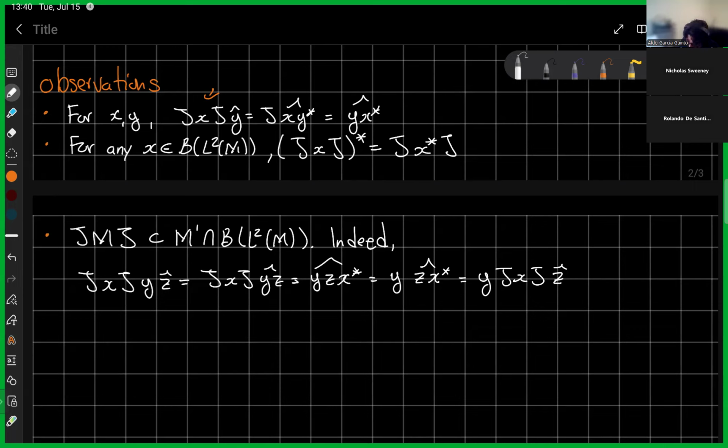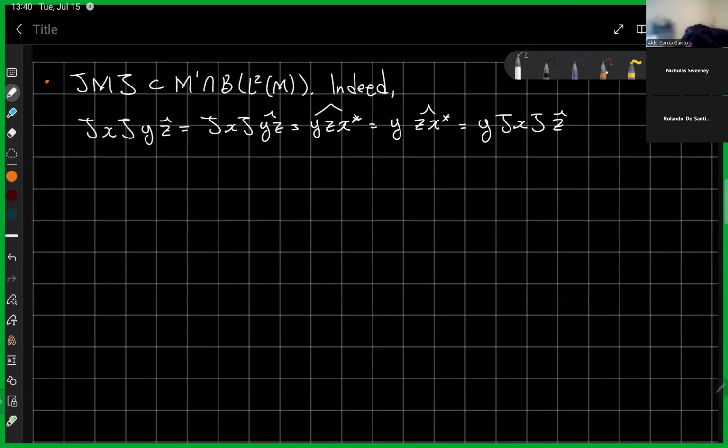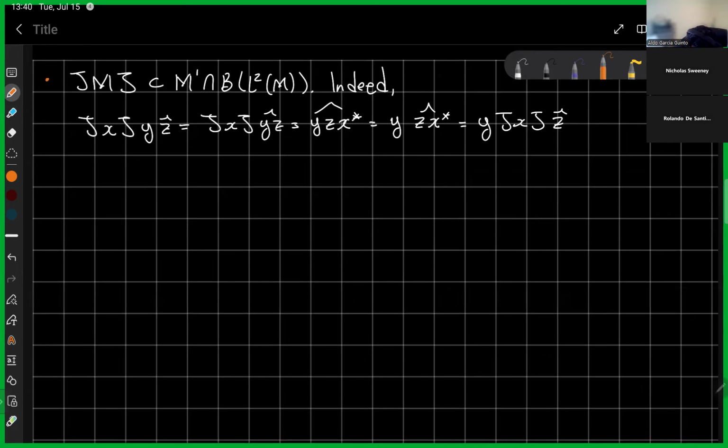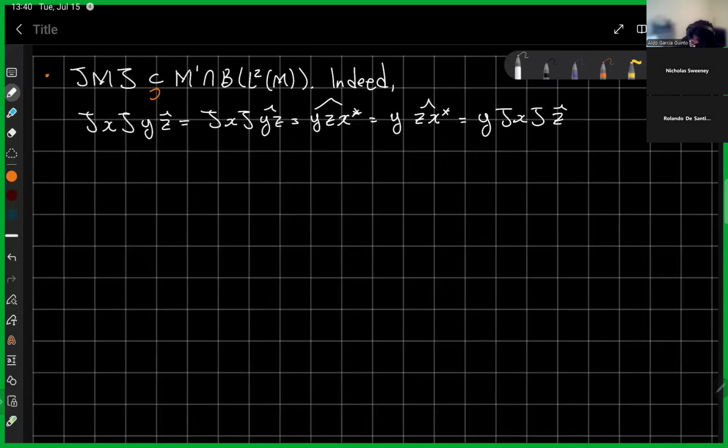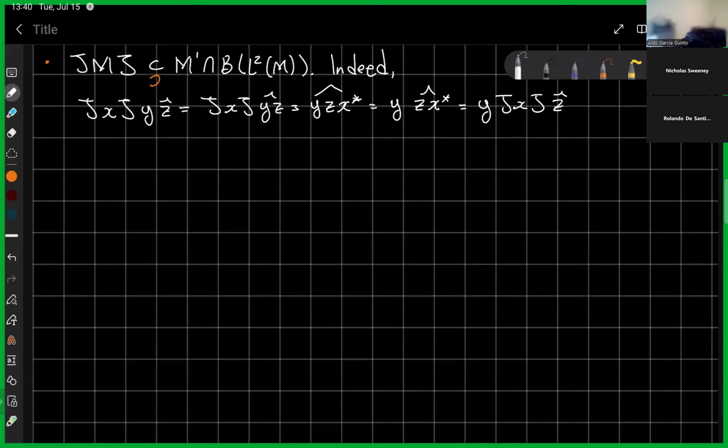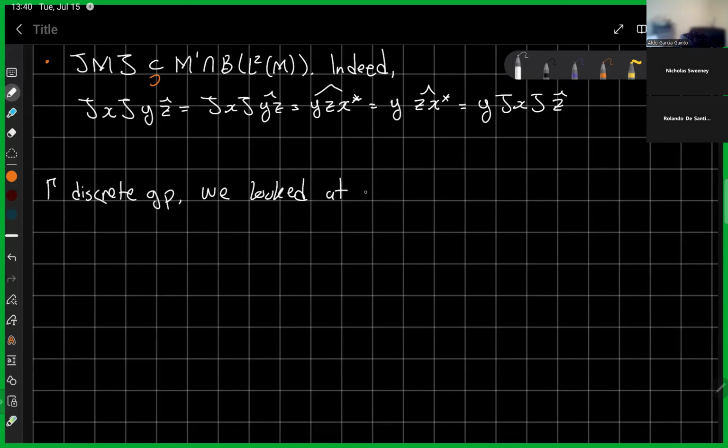Okay. So one of our goals is to show that the converse is actually true. But to do that, we need to recall the notion of left-boundedness, which we saw in the discrete group setting. Given a discrete group, we looked at left convolvers.